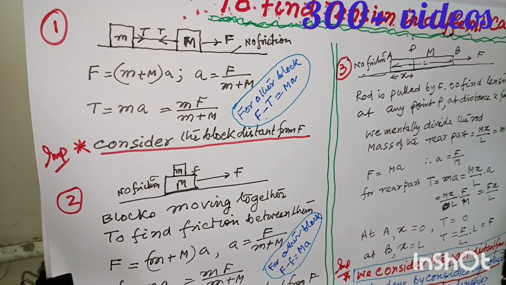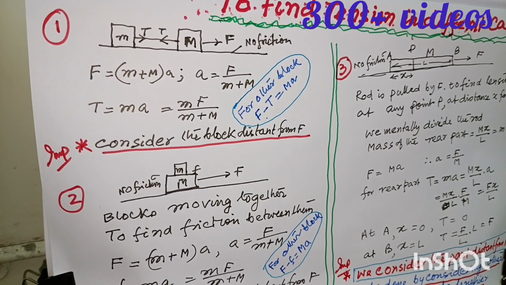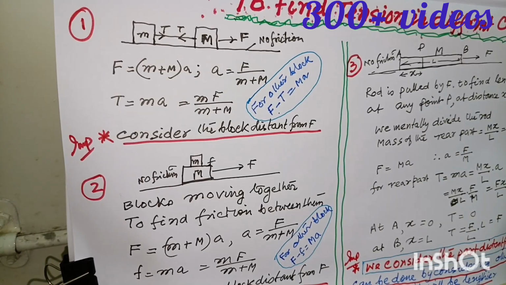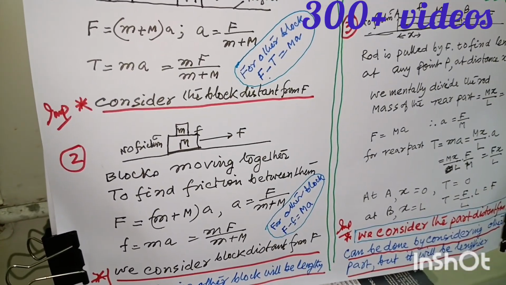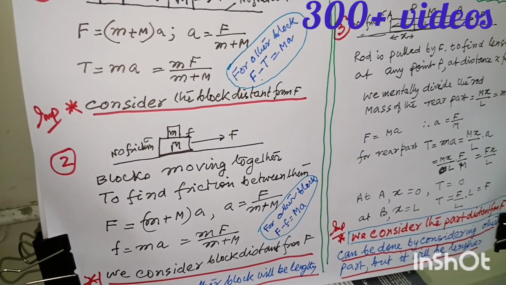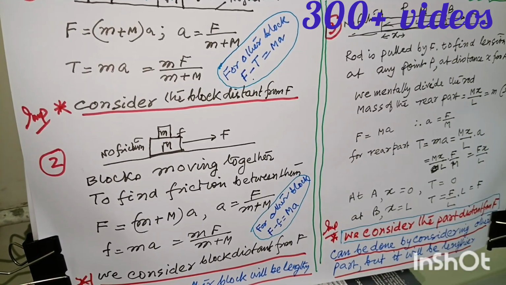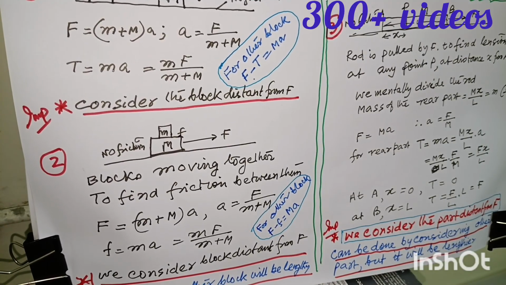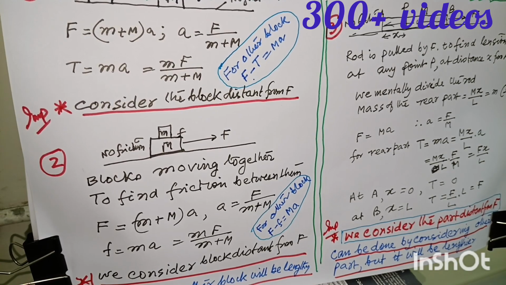Here also we will apply the same method. First we will take both the masses as one system and we will write F equal to (M plus m) into A, and we will find A equal to F by (M plus m). And then we will take the mass which is away from the force. Here the nearer mass is capital M and the distant mass is small m.